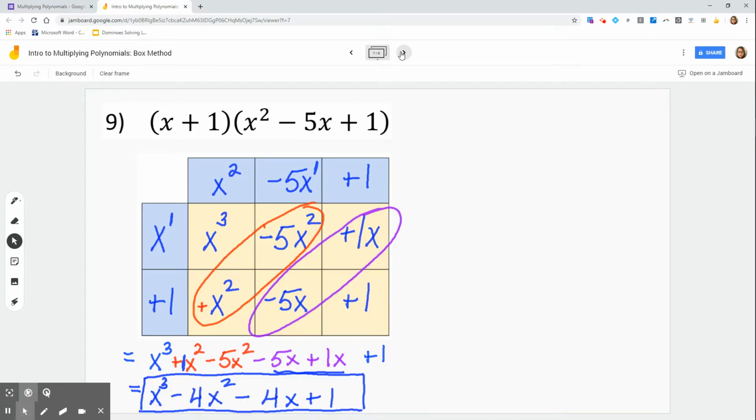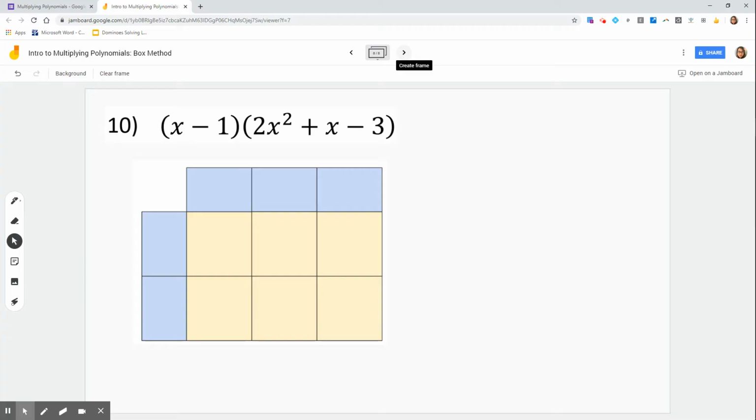So copy down the next problem. You might want to pause the video. Okay, let's set up this one. So I did put the 1 in the front of the x.